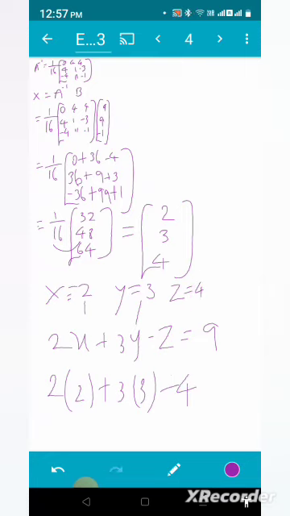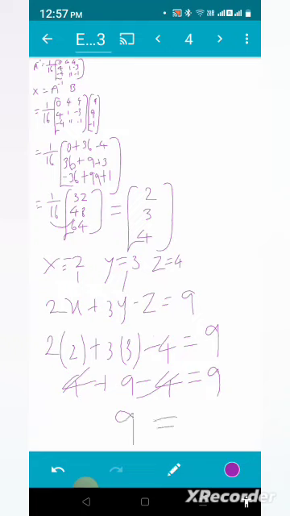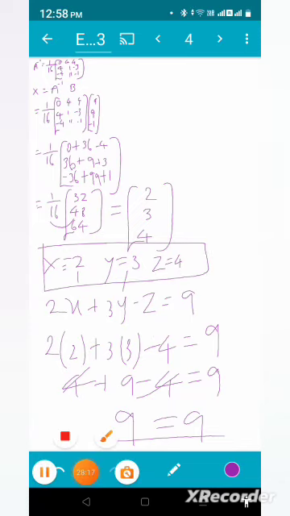So 4 plus 9 minus 4 is equal to 9. Plus 4 minus 4 get cancelled, then 9 is equal to 9. So left hand side and right hand side are equal. So the x, y, z values are proved. I hope you all understand this problem. Go to the next one.